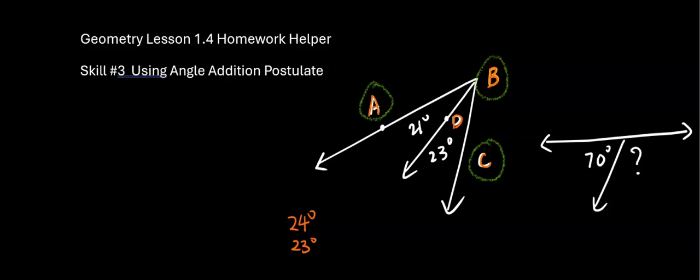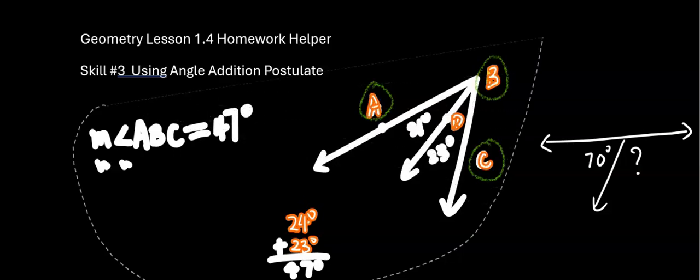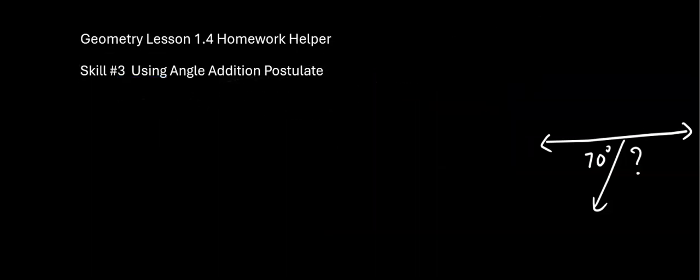We simply add them. We have 47 degrees. Once again, this is what you should write. You read it as measure of angle ABC is 47 degrees. Done. All right, let us look at our last problem for today.